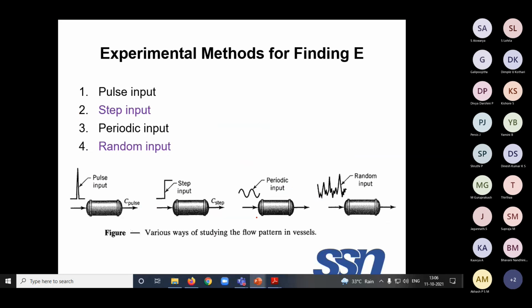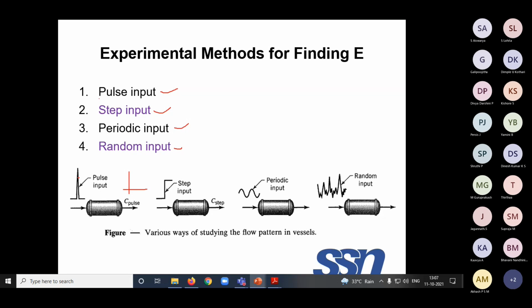Based on that, there are four inputs we were discussing in the last class: pulse input, step input, periodic and random. For each input, the output curve will be different. If you give a pulse input, this is the pulse: for a short time period you give the dye, just like a syringe.